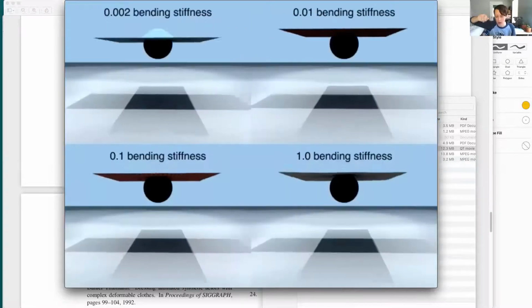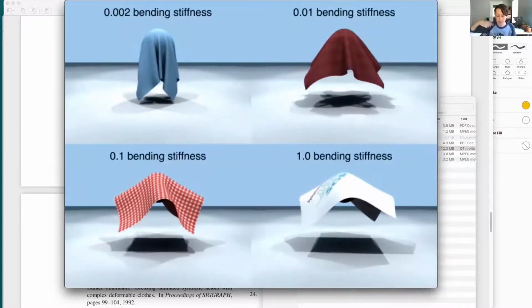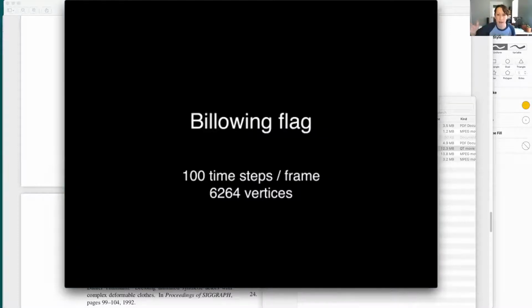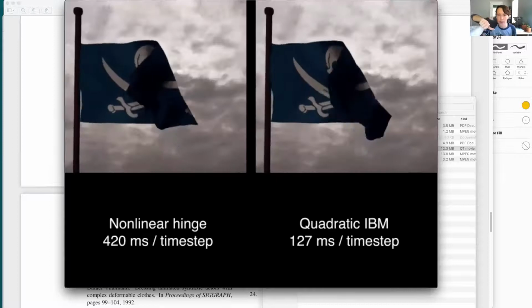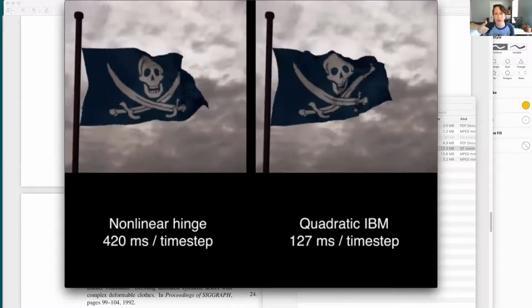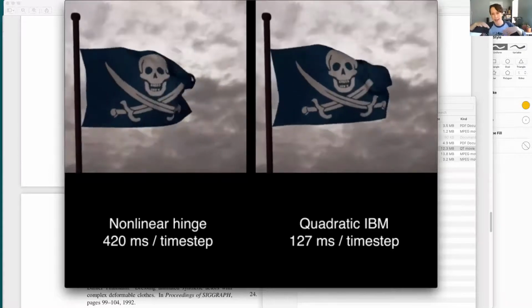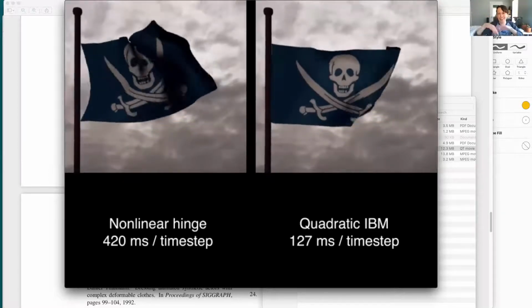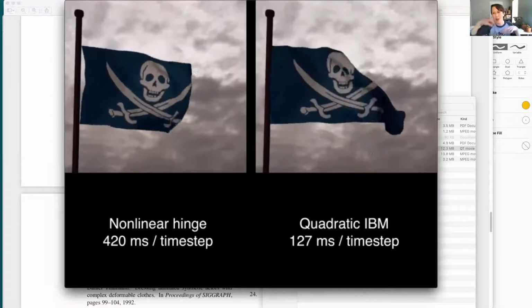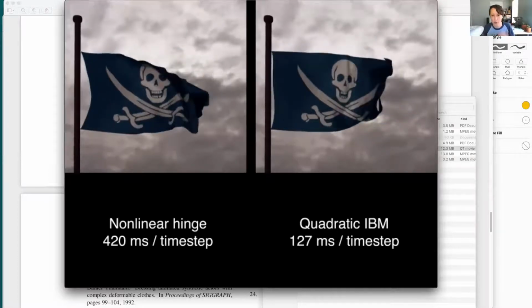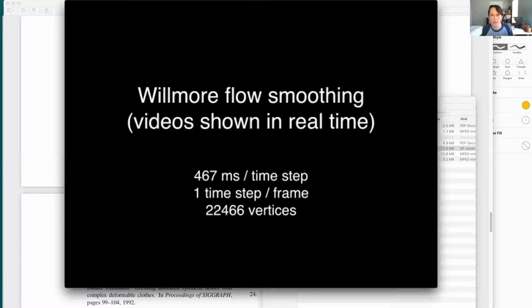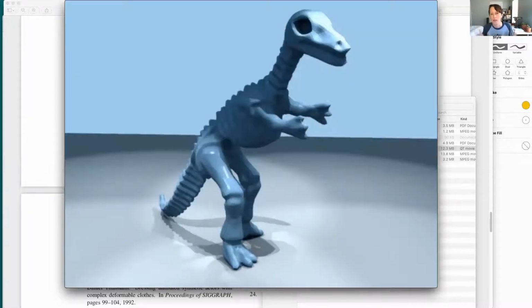In this case, it's not a linear spring, it's a quadratic spring, but it's the same idea, where just changing that one parameter allows you to capture the behavior of a stiff piece of rubber or a soft, silky piece of gauze, and you're using the exact same simulation. That kind of expressivity in these types of models is really important to being able to capture a wide range of behaviors.